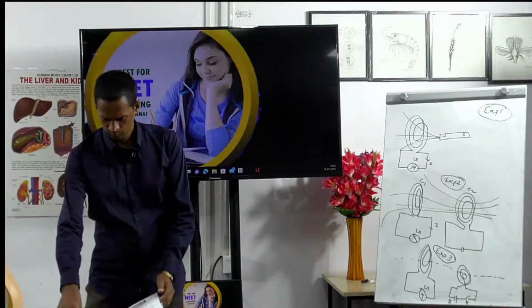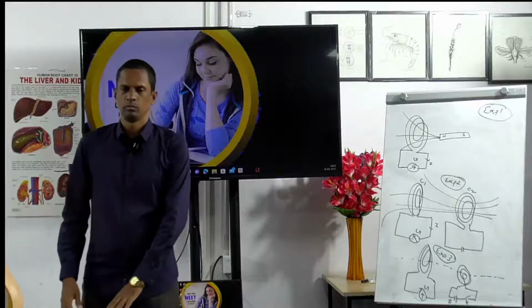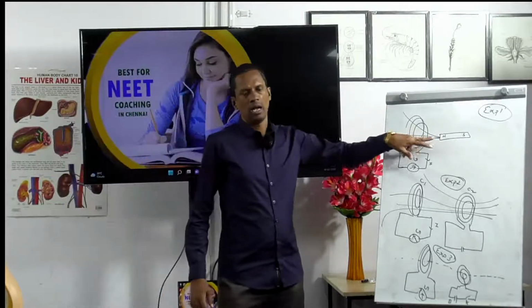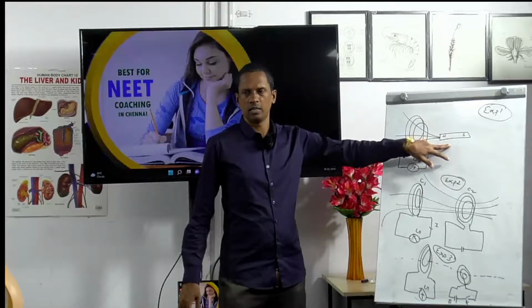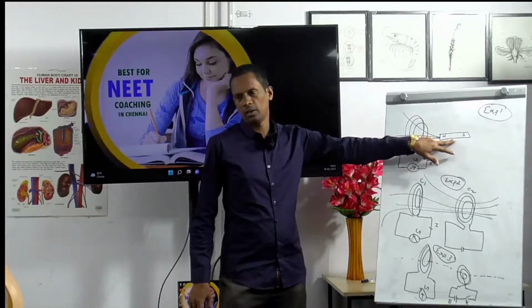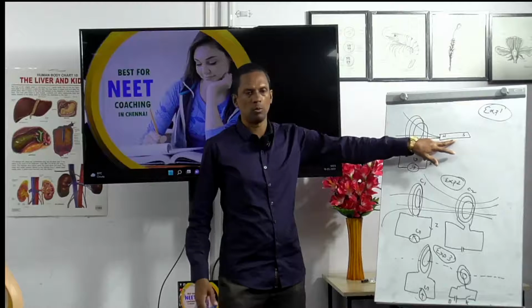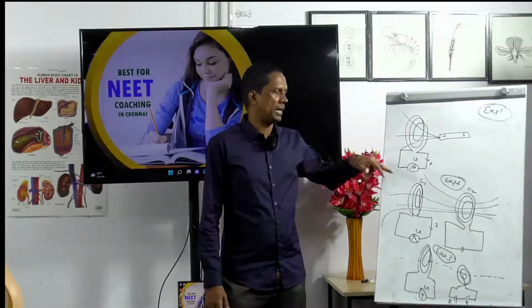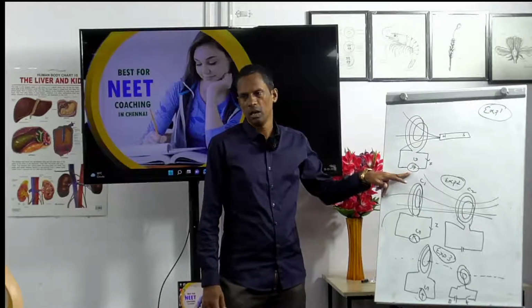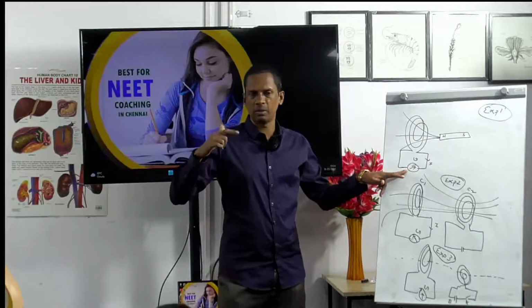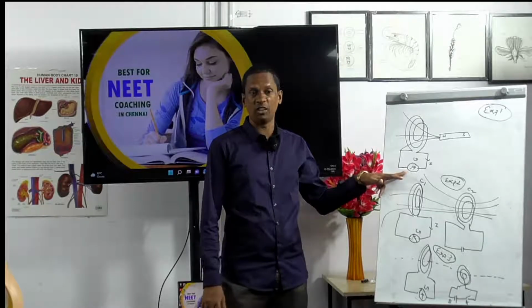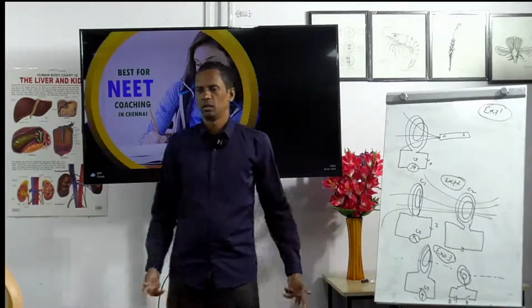In experiment 1, generally you have to write in general terms only. A magnet is brought near to the coil. What happened immediately? Current flow is observed, which shows the deflection in the galvanometer. That's all.